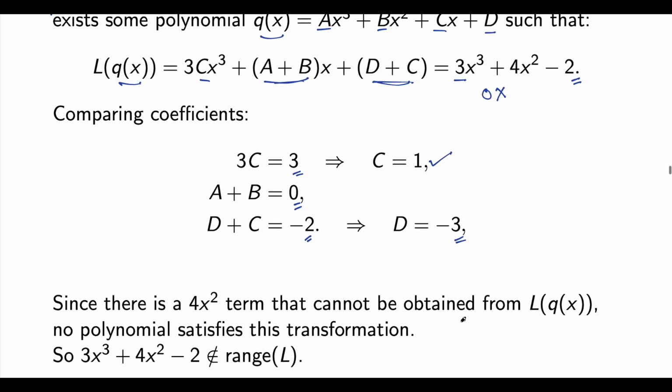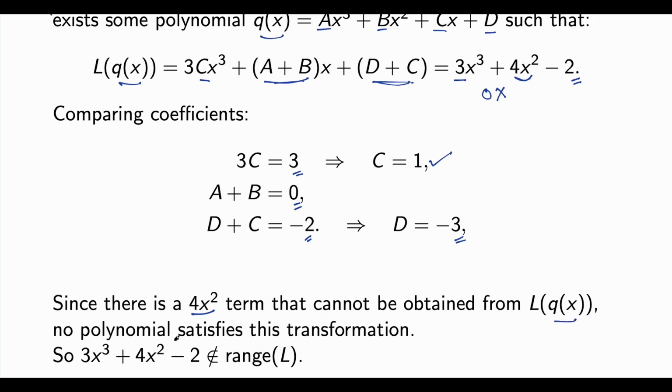But if you see in this transformed domain, no x squared term is appearing, right? Since there is a 4x squared term, that cannot be obtained from L of q(x).